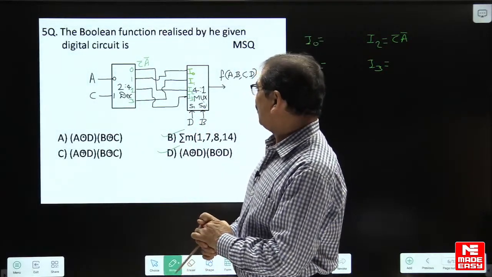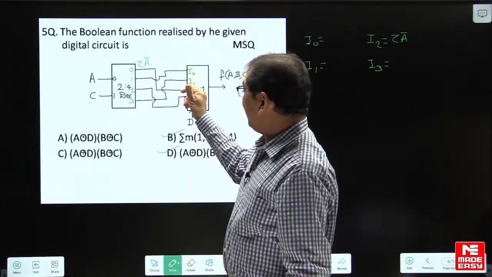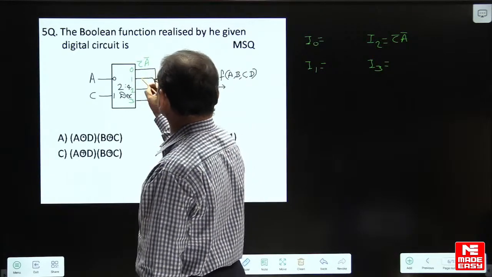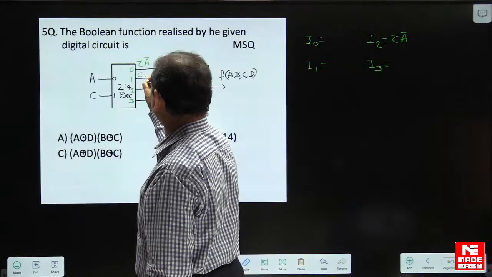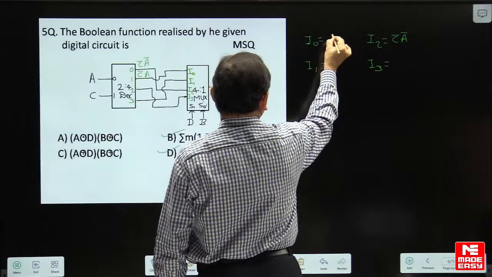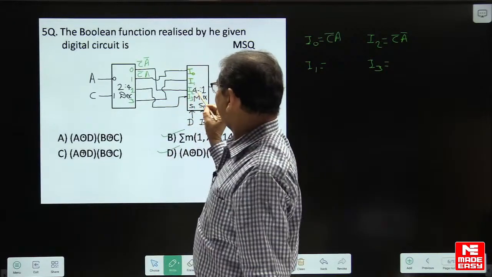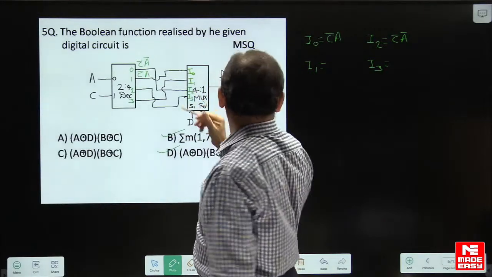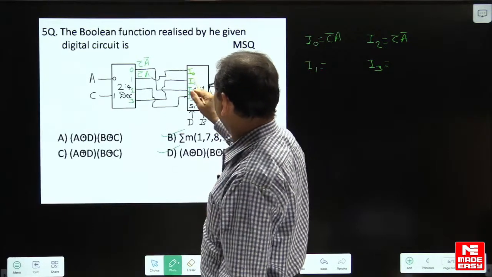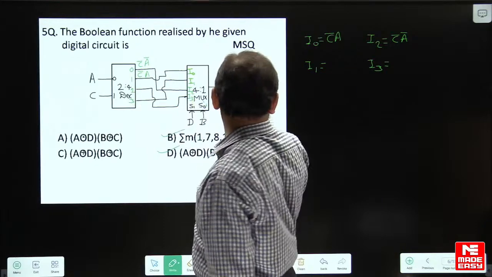If you look here, decoder line 1 is connected as I0, and this line 1 is C complement A. So I0 is connected to C complement A. Line 2 is already verified as C complement, A complement, and it is coming as the I3 input.